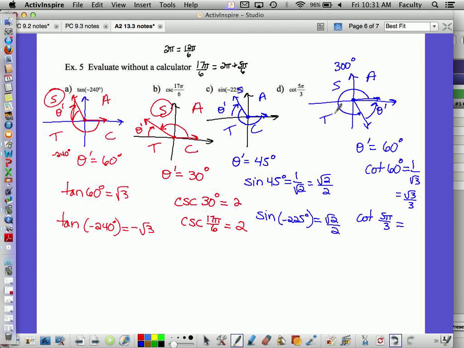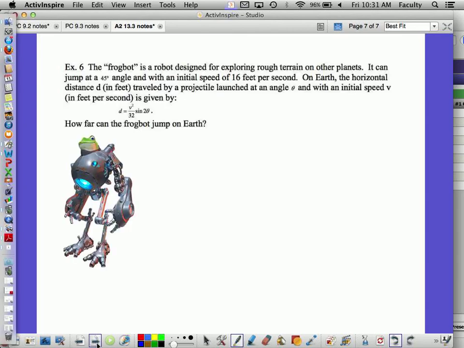All Students Take Calculus. Now remember, the C only stands for cosine. We only talk sine, cosine, tangent. So is cotangent positive or negative? Negative. Good job. Okay, are you getting the hang of it? A little bit? Alright, let's do this example and then we'll do practice problems.